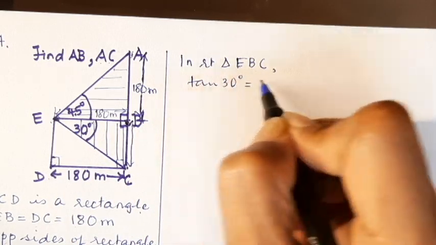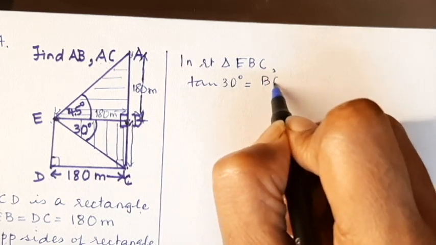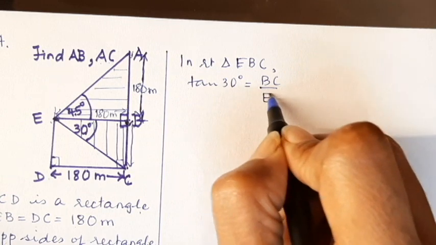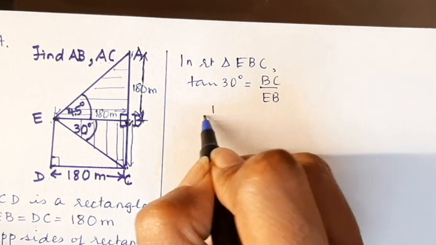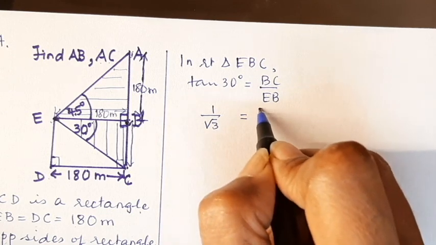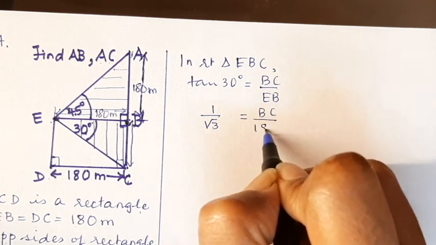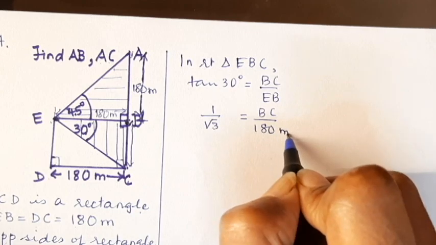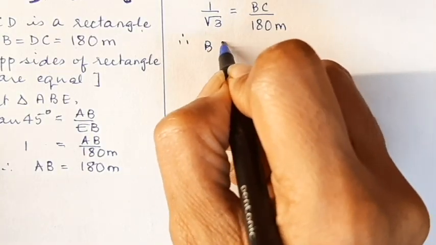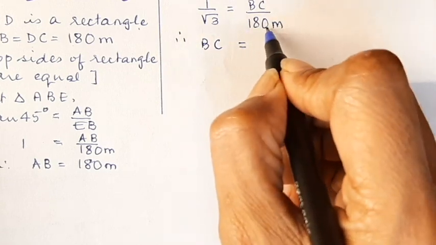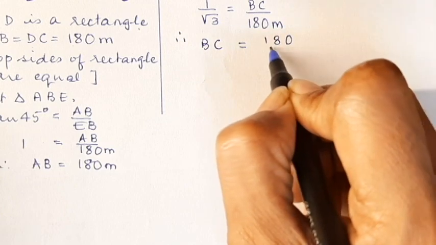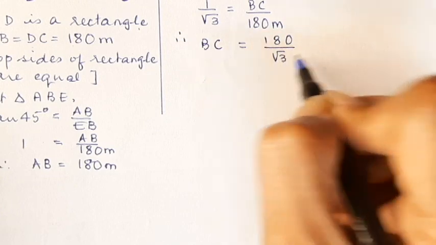So we'll use tan 30 degrees is equal to BC upon EB. Tan 30 is 1 upon root 3, and that will be equal to BC upon 180 meter, and therefore BC will be equal to 180 upon root 3.